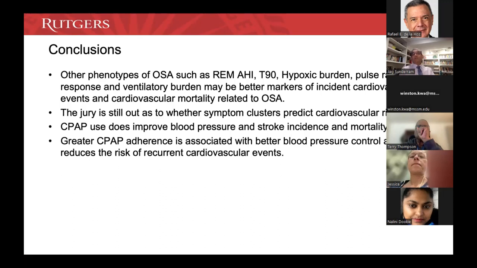However, I don't think we can surely state that symptom clusters help us predict cardiovascular risk; the jury is still out on that. We know that CPAP use does improve blood pressure. I think there's significant data to support that, including stroke incidence and mortality. And most importantly, greater CPAP adherence is definitely associated with better blood pressure control and reduces the risk for recurrent cardiovascular events.